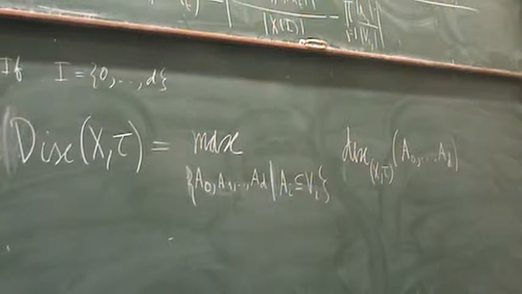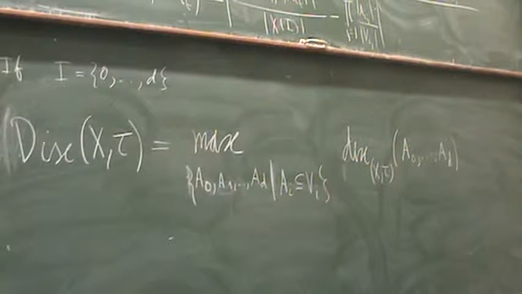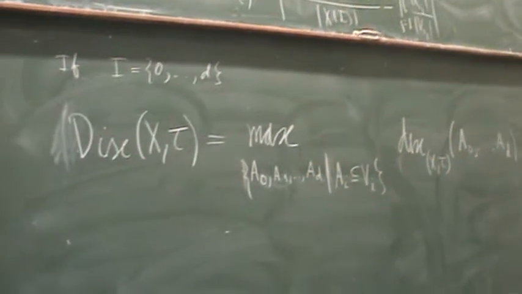Okay, this will be the discrepancy of the simplicial complex. So it's one number. If this number is very, very small, then it really means that it behaves like a random complex.